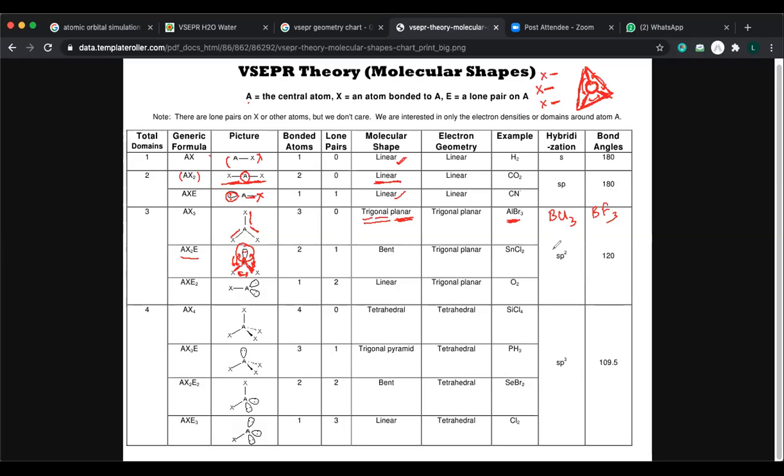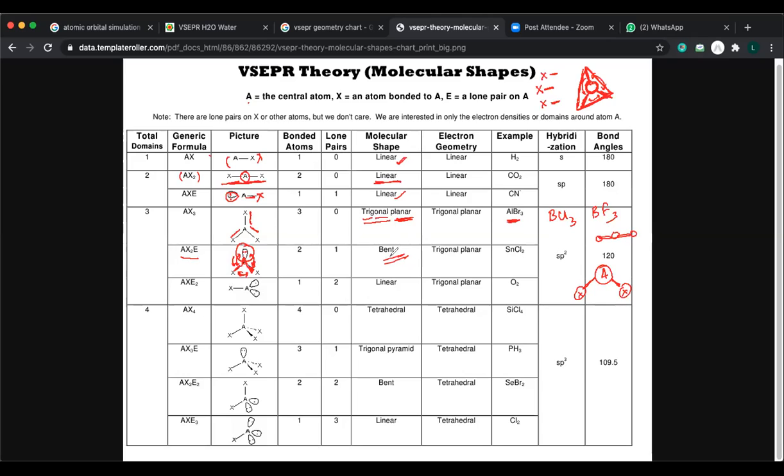And the lone pair belongs to the central atom, right? If you only look at the atoms, you have the central atom and the two X atoms bonded over here. If there is no lone pair, it is completely flat, it is linear, and this particular shape is called bent.